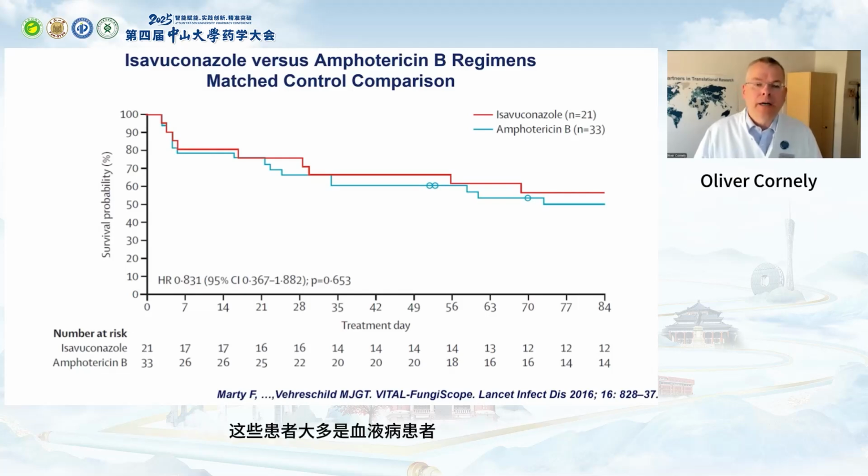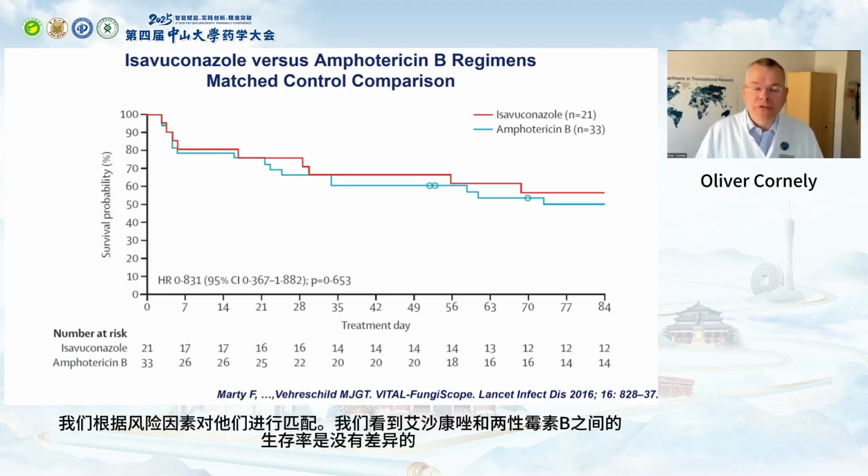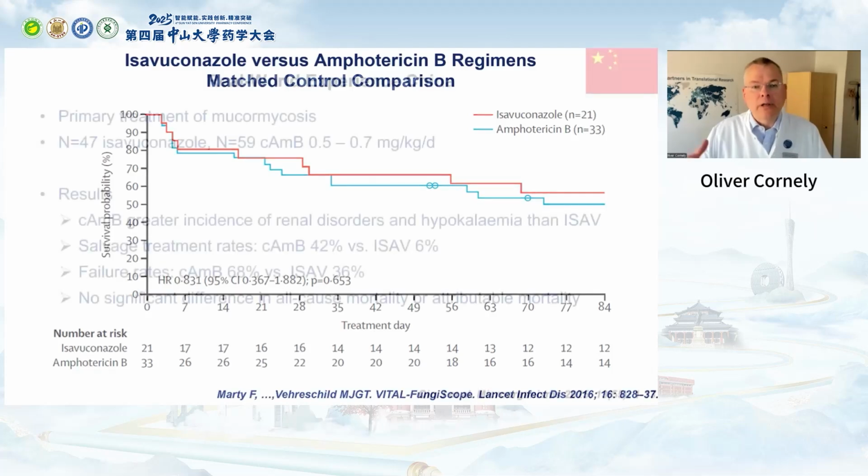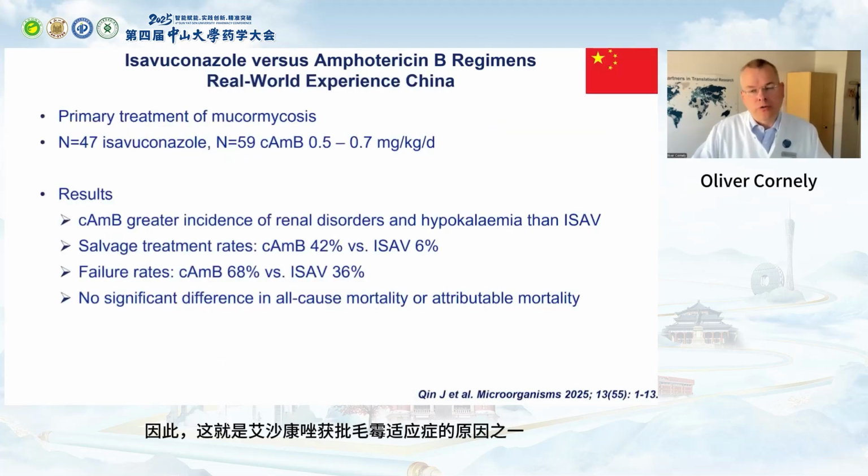And these were hematological patients mostly, and we matched them by risk factors. And we saw that the survival was not different between isavuconazole and amphotericin B. So that was one part of leading to licensing of isavuconazole for mucormycosis.